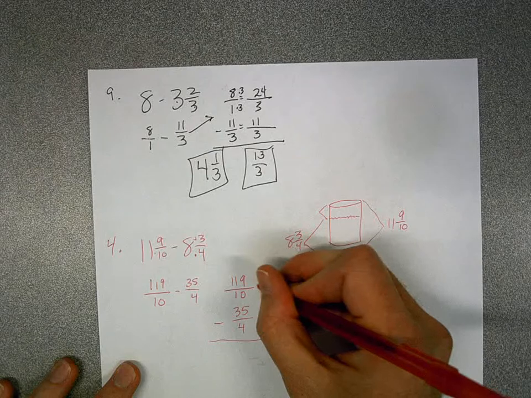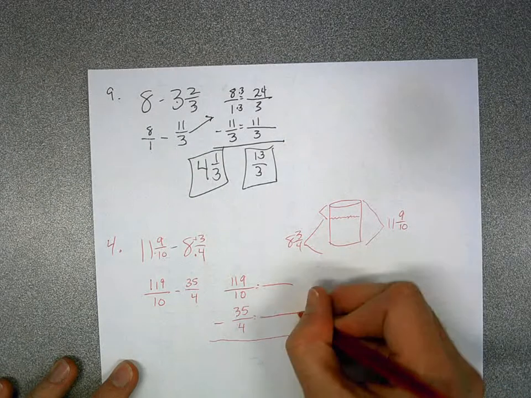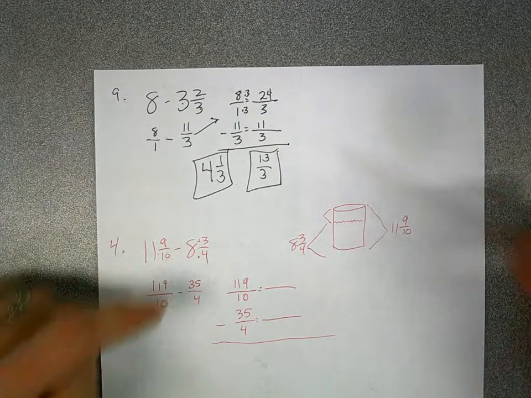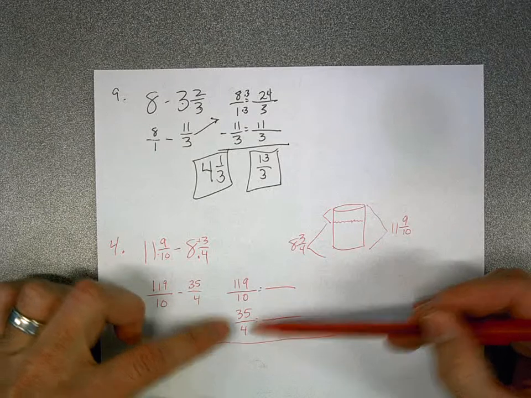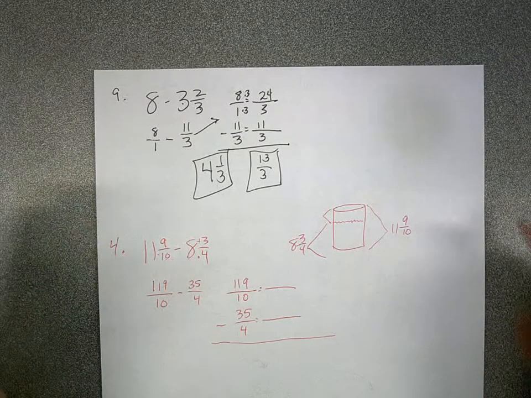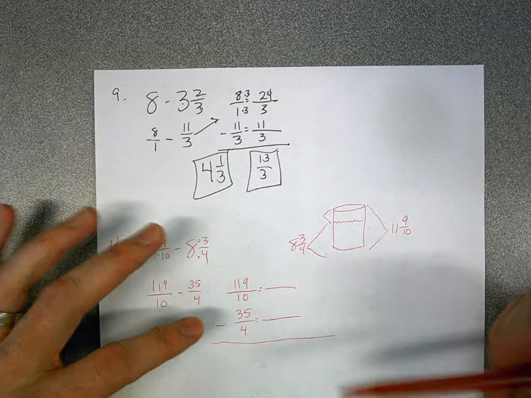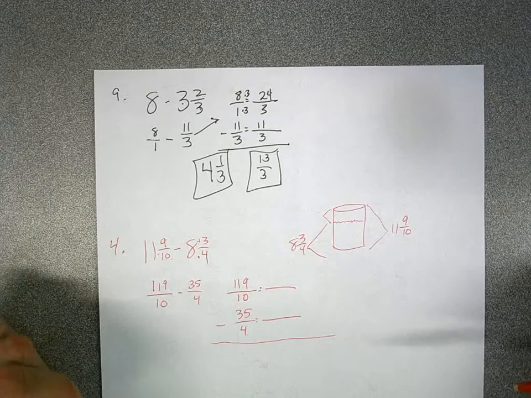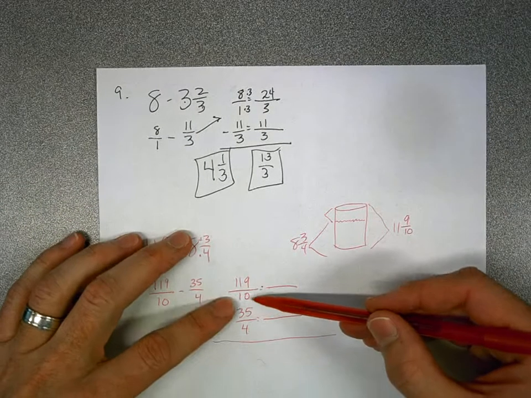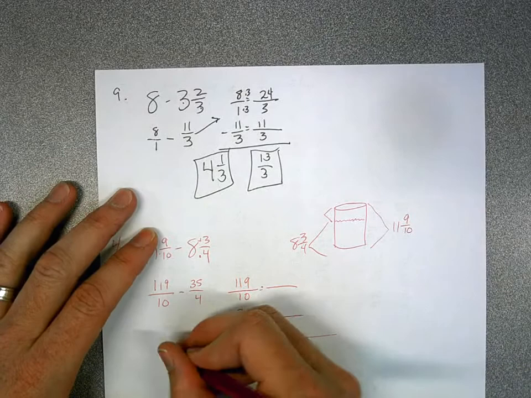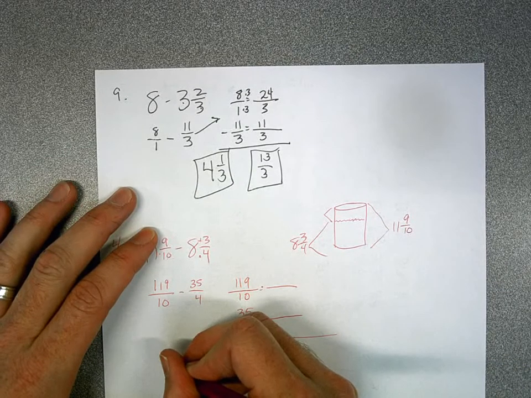Okay. So here we go. First off, 4 times 10 is 40. I can use 40, but these numbers are going to get big. I want to try not to make them even bigger than they need to be. Now, 4 doesn't go into 10, so that method doesn't work. But here's what does work. I can list out my multiples. 4 times 1 is 4.